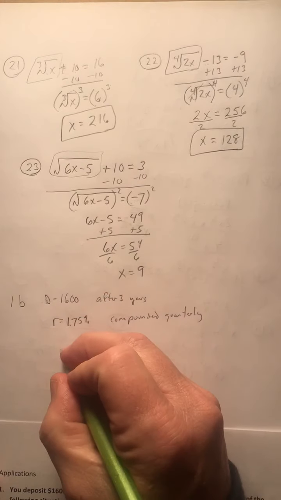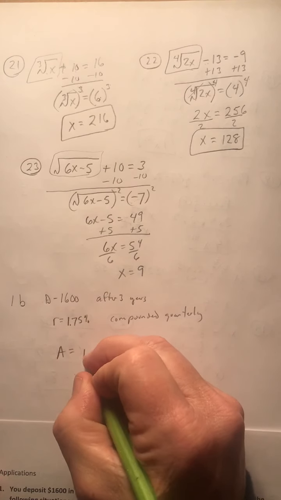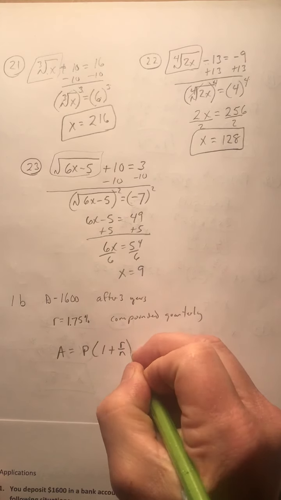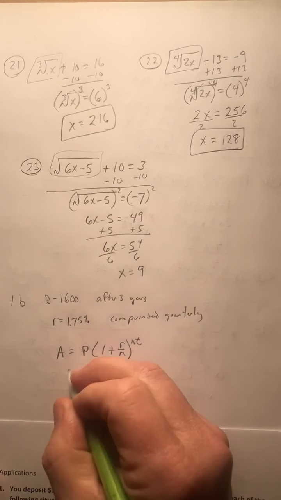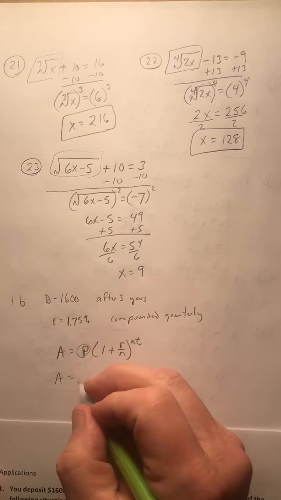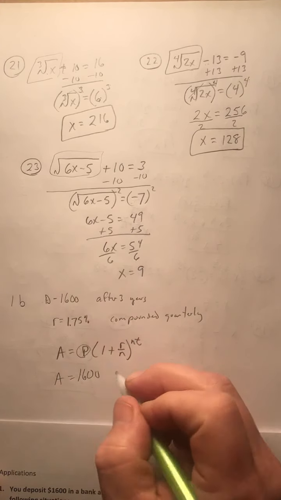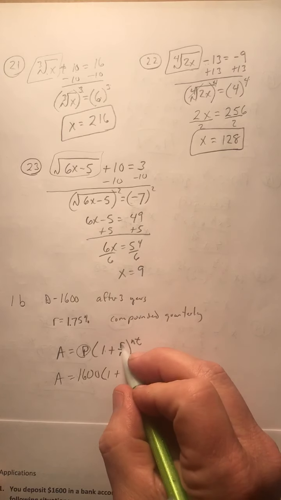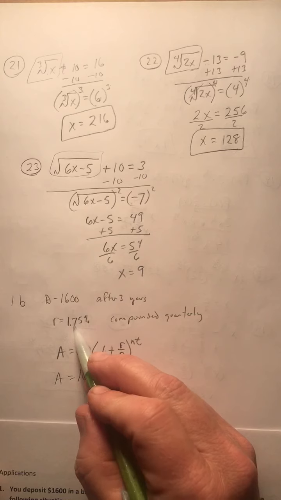So remember our formula. Formula is A equals P times 1 plus R over N, to the NT power. So now we got A equals P, that's the principal, that's your deposit. So that's 1,600. 1 plus R is the interest rate, but we have to change it to a decimal.